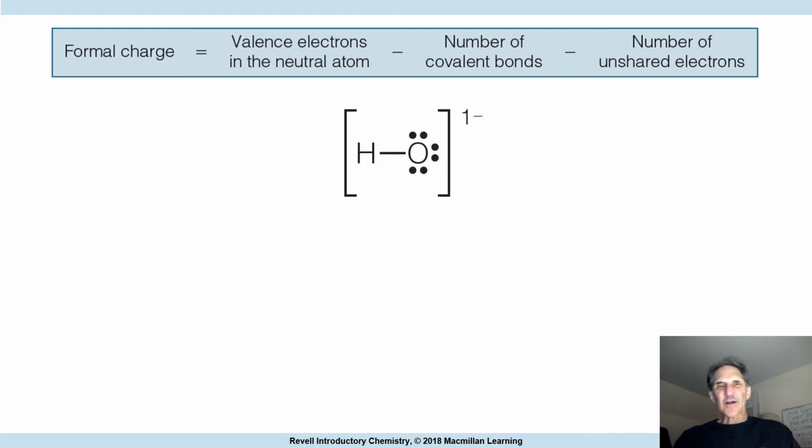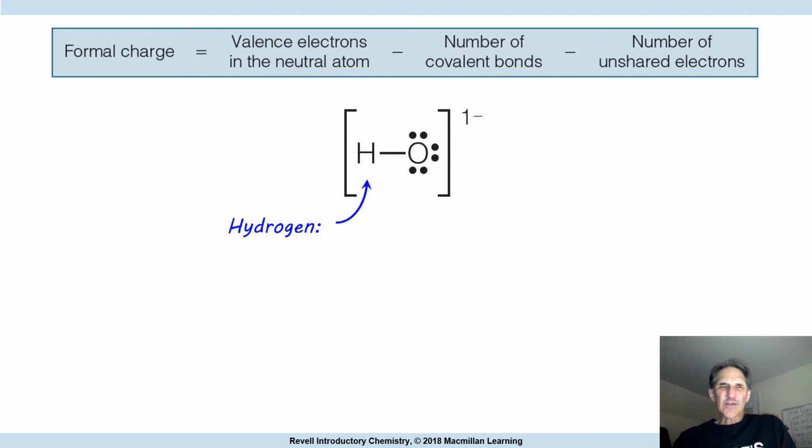Okay, so some examples. So this is the hydroxide ion, right? You'll never have to really name this per se, but you might already kind of recognize it. It's always given to you in a table, OH -1. But now we're going a little further to understand where that charge comes from. Let's figure out the formal charge for each of the atoms here.